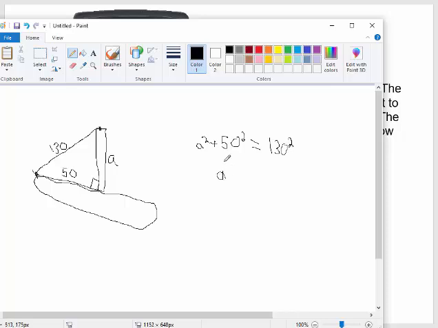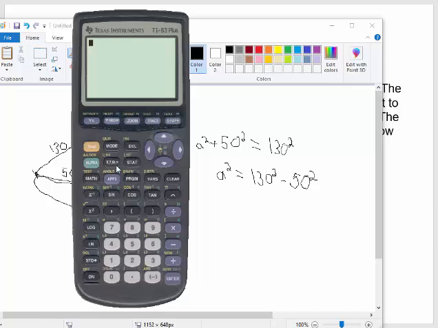So A squared is equal to 130 squared minus 50 squared. My calculator can do this for me real quickly: 130 squared minus 50 squared.